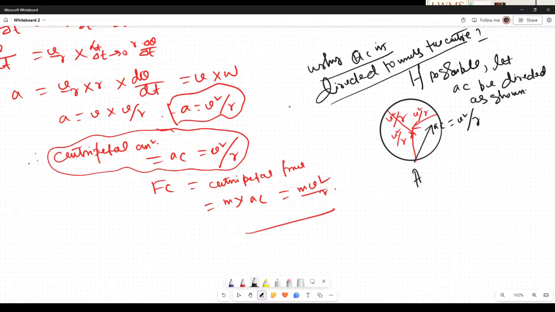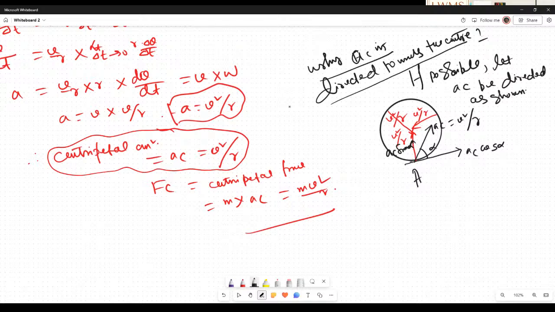If directed this way with the tangent, suppose it is making some angle alpha. What is the component of acceleration this way? AC cos alpha. What is the component this way? AC sin alpha, isn't it?